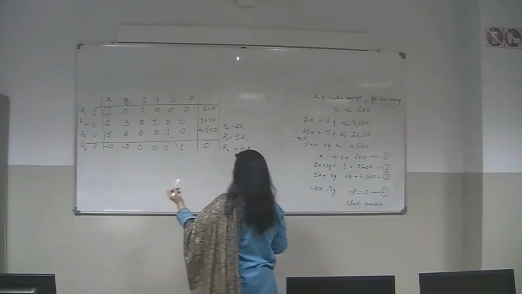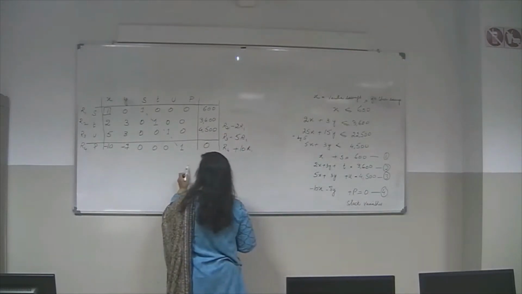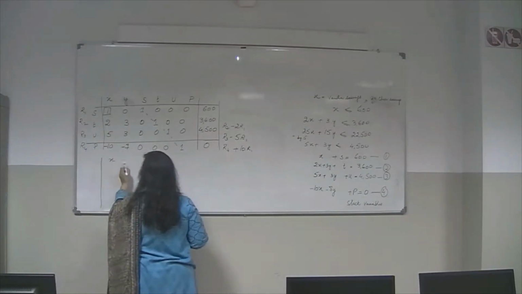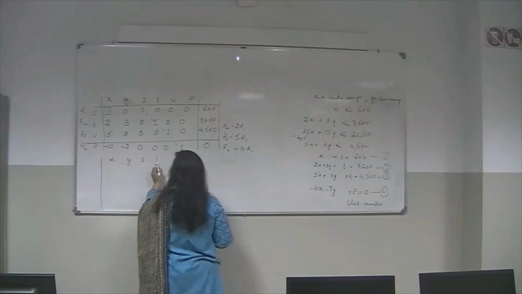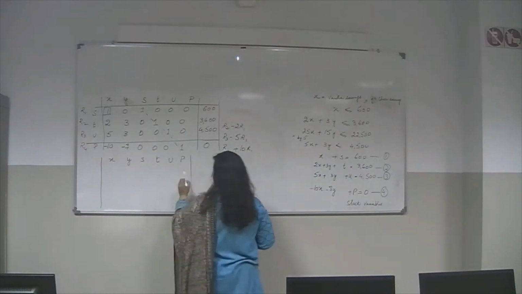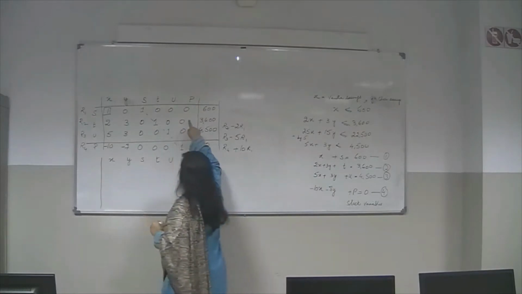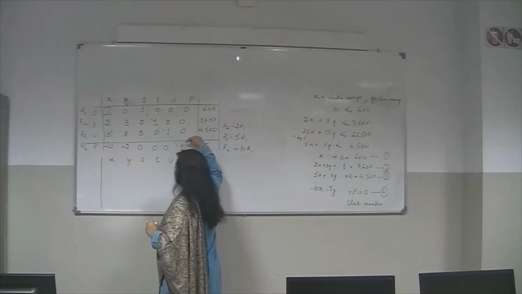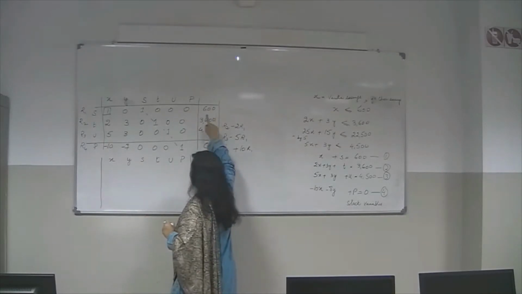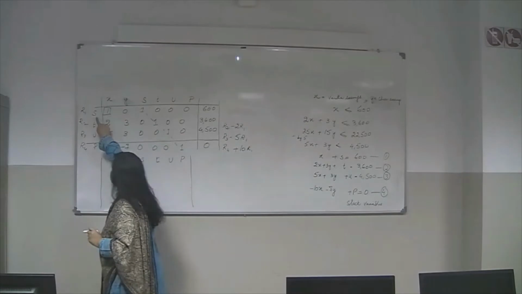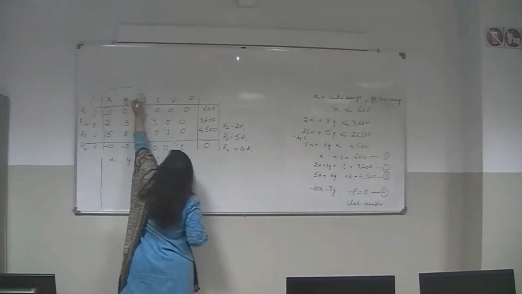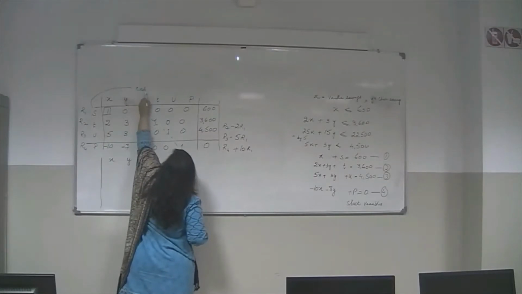So now we rewrite this again as, we can just make it again x, y, s, t, u, p. And always remember that the row which is performing operation on other rows remains the same, but we are going to be extending the operation here, and the value of this will change because this will be now the exiting variable.